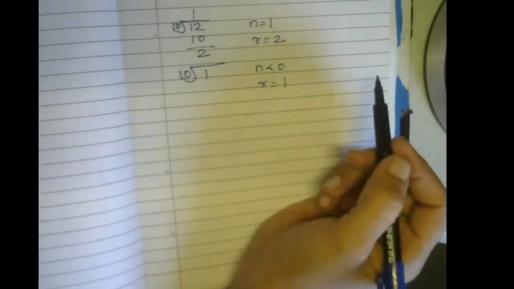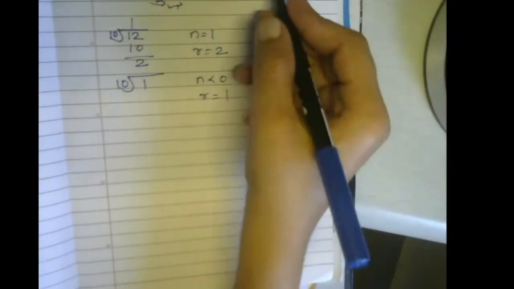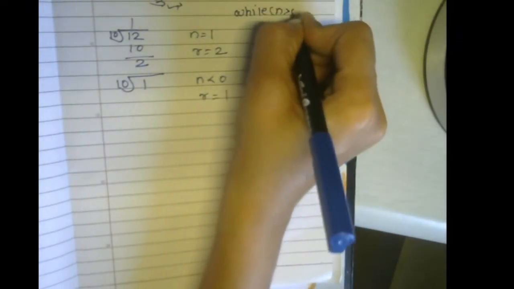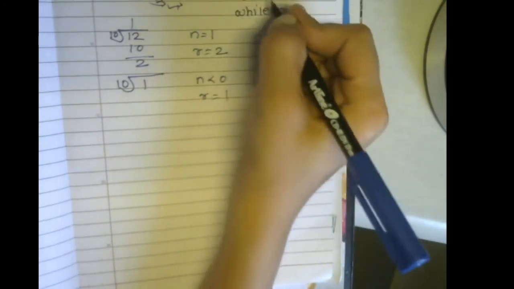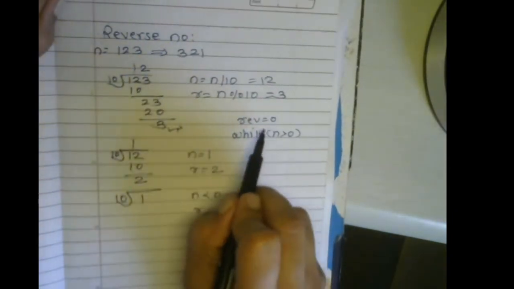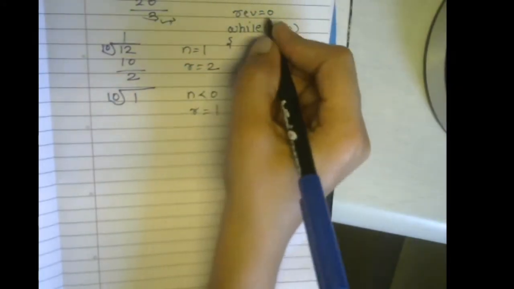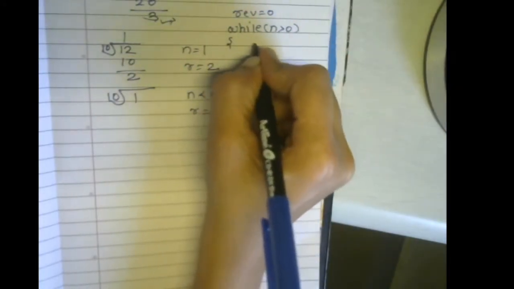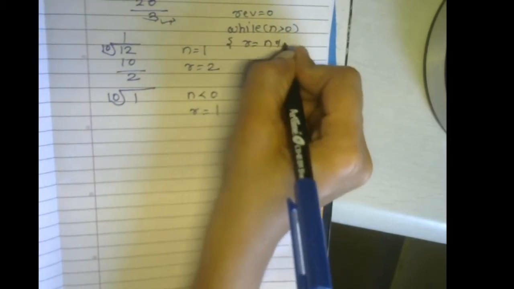So to reverse the number we need some logic. What we will do: while n is greater than 0. Here we are initializing one variable, reverse equals 0, because we want the reverse number. So we are initializing this reverse number initially to 0. Next, while n is greater than 0, the remainder r equals n mod 10.